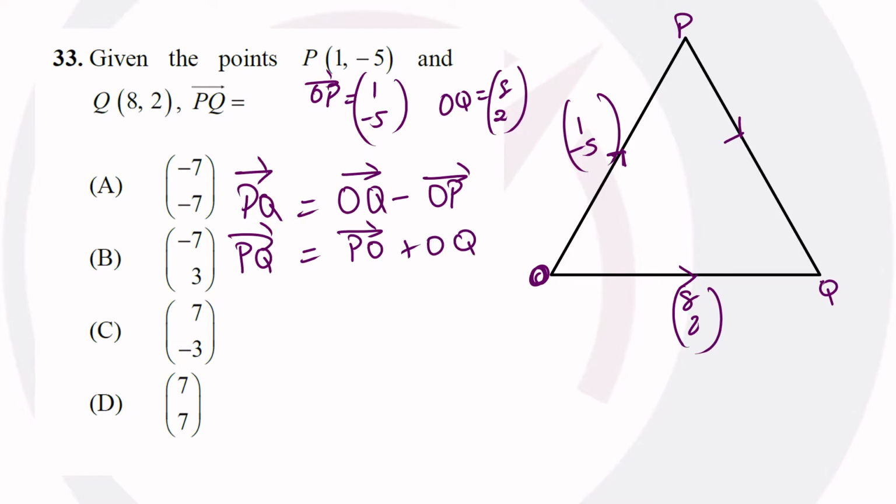Use whichever you want. Just note briefly that we have OP, so PO is going to be the inverse of it. So if you're using this one, remember that this is the inverse. If we're given OP, that means we're going to have negative 1, positive 5 for PO. And we can work both ways. Why not work both ways? So you can see it.